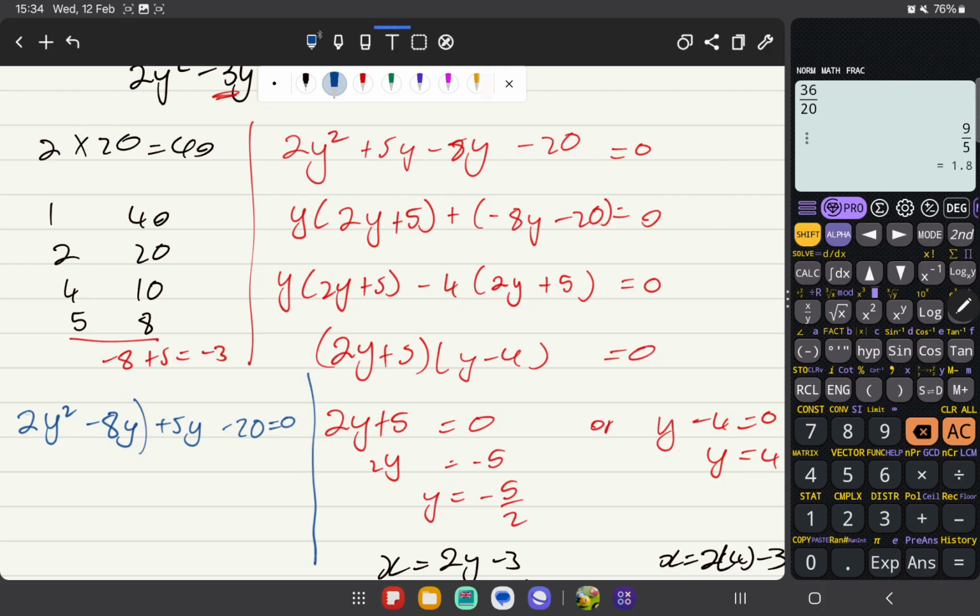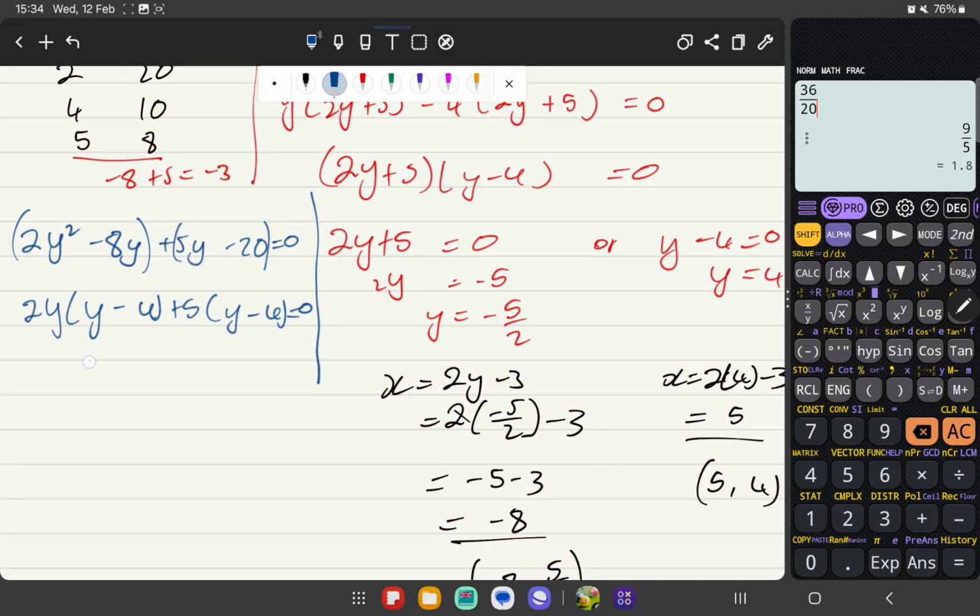From here we can group them already: a common factor of 2y on this side, then y minus 4, and take out 5 on this side, plus 5 times y minus 4 again.